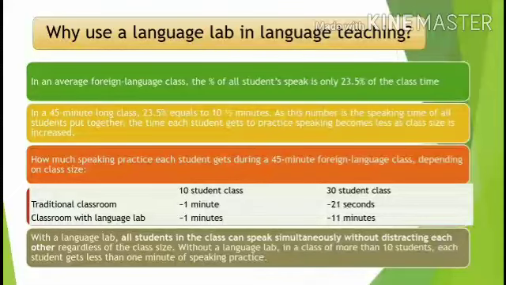Now, let us see why should we use a language lab in the teaching of a language. By the usage of a language lab in language teaching, students get more time to speak in the language concerned. In traditional classrooms, the students get just 1 minute of time to speak each. Whereas in a classroom with language lab, the students get 21 minutes each. And in the same way, the students get just 21 seconds of time to speak if the class size is 30.